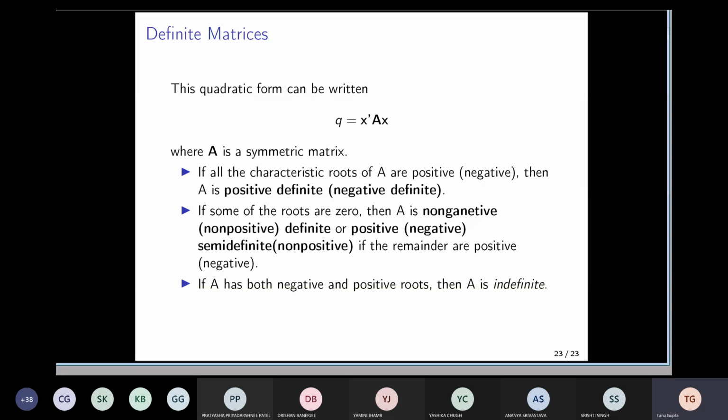Okay. So we have already seen that a quadratic form Q can be written as x prime Ax. Now here A is a symmetric matrix. So we are talking about a symmetric matrix only.